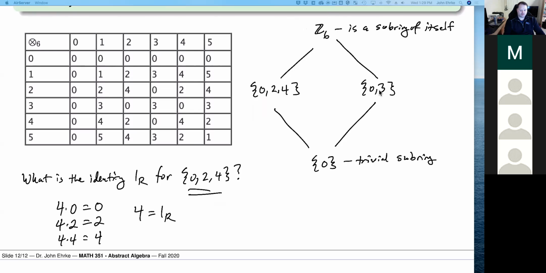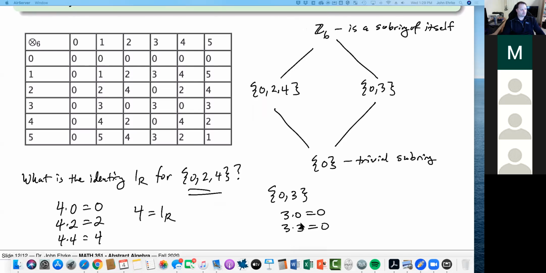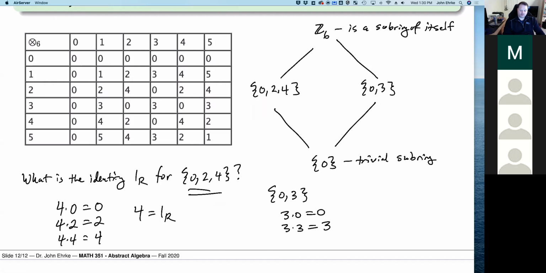If I looked at it for 0, 3, if you take 3 times 0, that's 0. If you take 3 times 3, that's also 3, because 3 times 3 is 9 and 9 mod 6 is 3. So it looks like over here that 3 is also the multiplicative identity in this subring. So Z6 is a commutative ring with identity, and so too were both of its subrings.